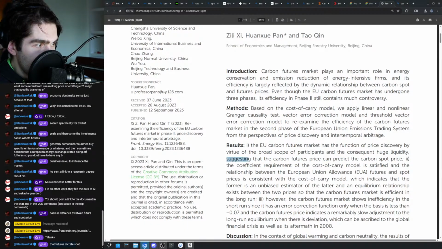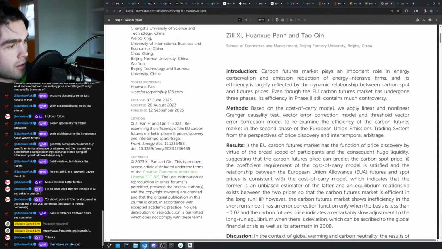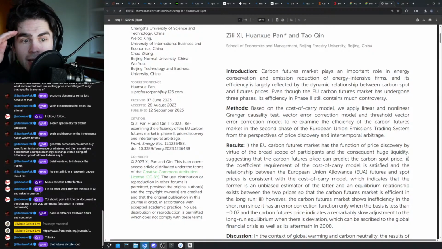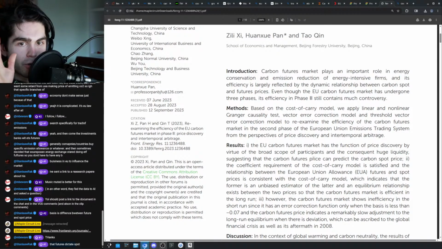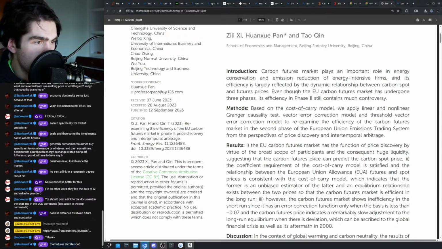So here they're essentially setting up the future argument: if we look at the futures market, are we going to be right most of the time? Are we going to correctly follow what the spot price will be? And what they're saying is yes.